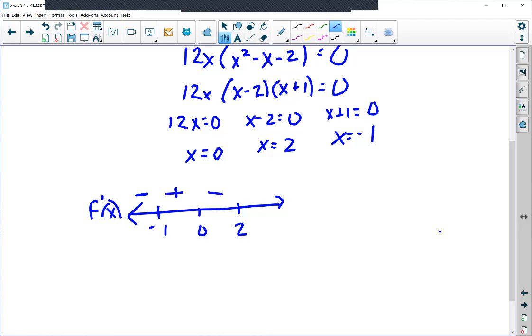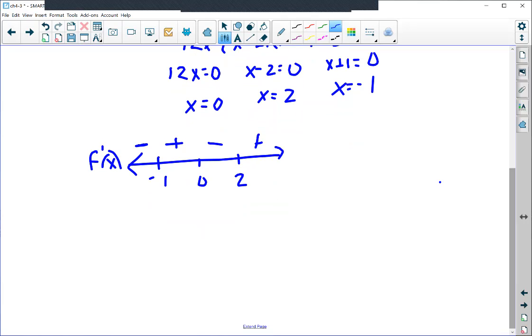And pick a number greater than 2, like pi. We have a positive, and a positive. So for our original function, it is increasing from -1 to 0.